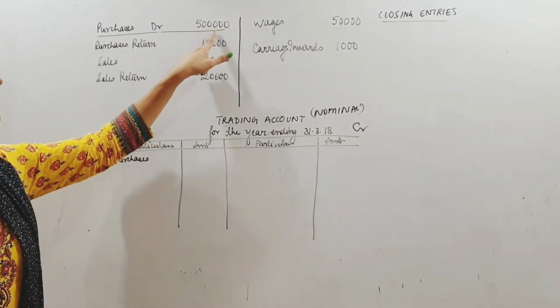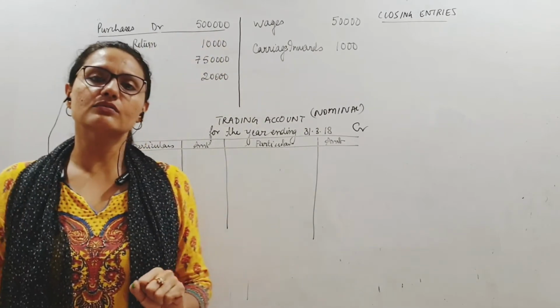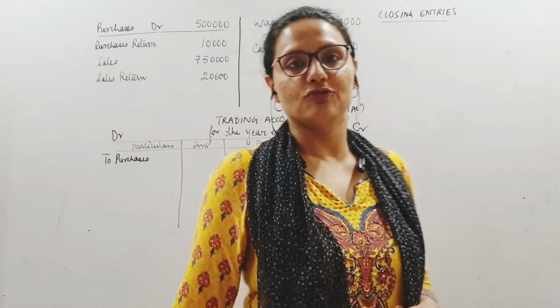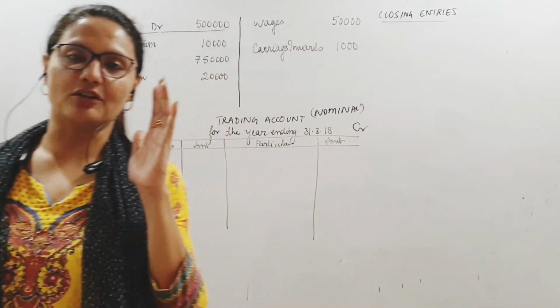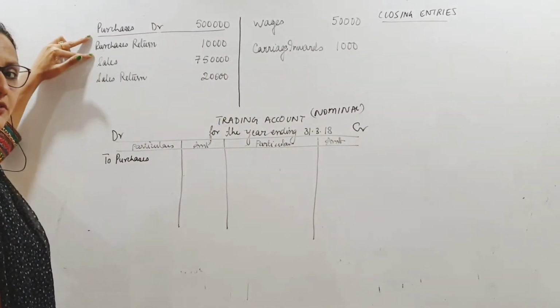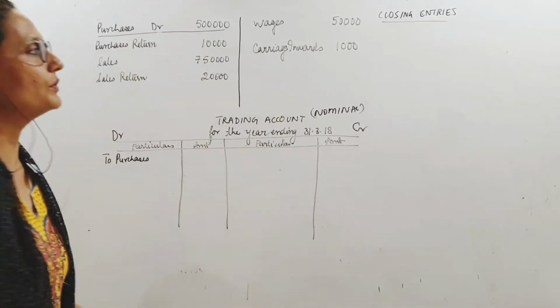Meaning out of 5 lakhs worth of goods that I have purchased, I have returned goods worth 10,000. So how come my expense is still 5 lakhs? It has to be adjusted, right? So we have the next set of entries, which are called transfer entries, meaning related accounts, purchases or purchase return. By purchase return, the purchase account balance should come down. How will it come down?